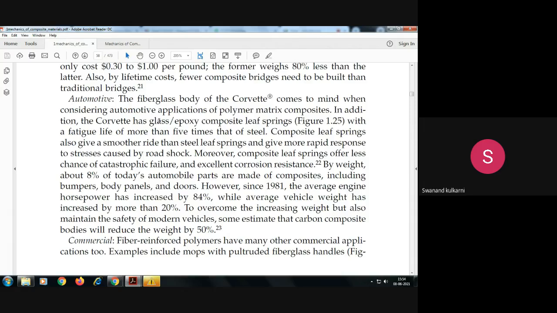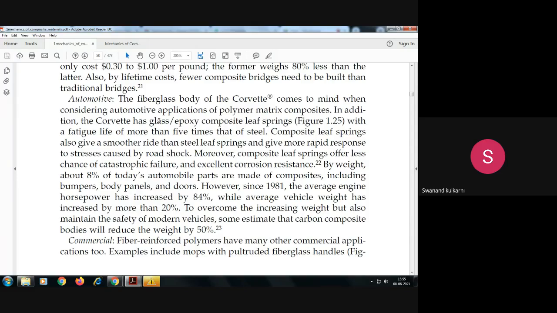Is it okay? And fatigue life of more than 5 times that of steel. So see how this leaf spring has advantages compared to the steel leaf spring. If we compare glass epoxy leaf spring and steel leaf spring, you can see the advantage of this kind of material in automotive applications. Is it okay? So the composite leaf spring is again glass fiber and epoxy. Is it okay?